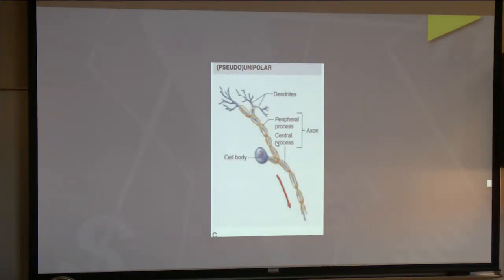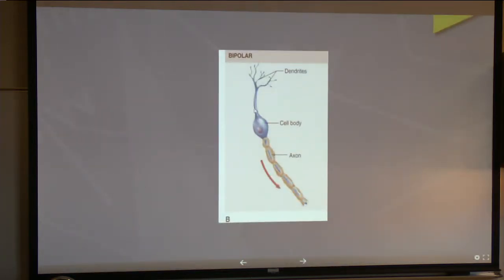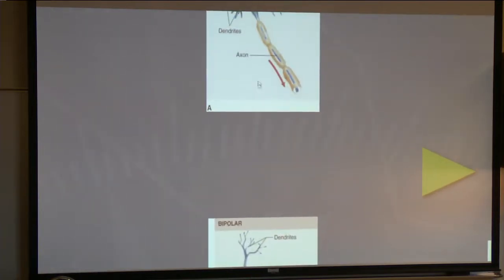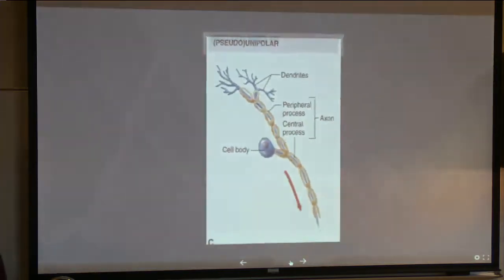It's pseudo because it falsely looks like there's 2, but yet only 1 extension. Again, our bipolar has exactly 2 extensions, and then our multipolar up here has more than 2. This one has multiple extensions coming towards or away from that cell body. So that's structurally how we can classify.